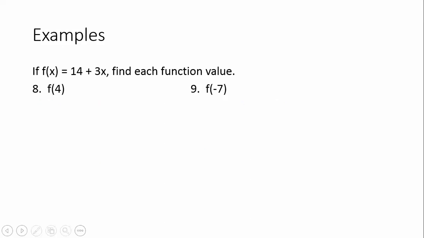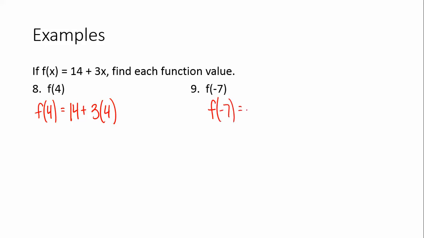Try 8 and 9 on your own. We're given the function 14 plus 3x and asked to find the function value f of 4 and f of negative 7. So we're plugging in a 4 and then we're plugging in a negative 7 for x.